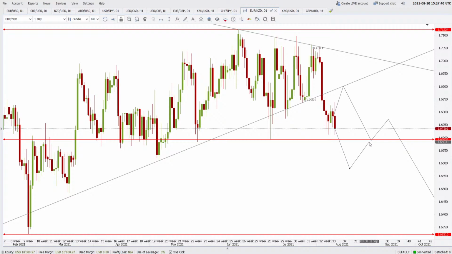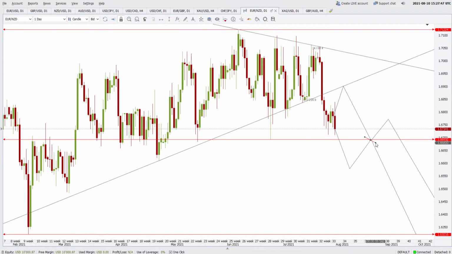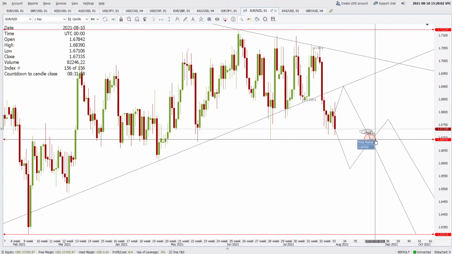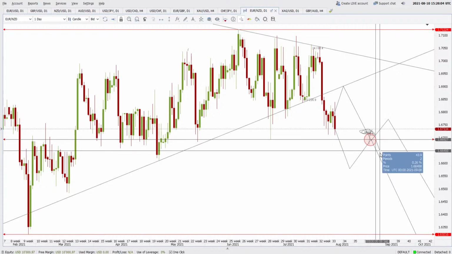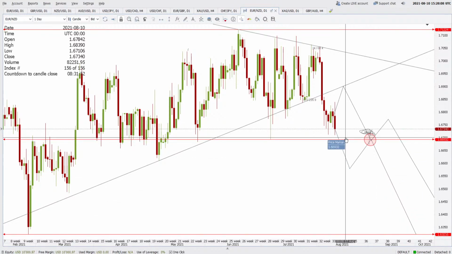If something of this sort happens, then we will sell this pair at around these levels with a small stop loss above, like here maybe in this region, and then our targets, if we have a 50 pips stop loss, we will be targeting around 350 points here, and we will have 1:7 risk to reward ratio.